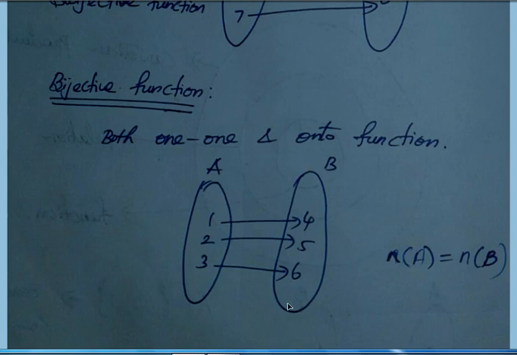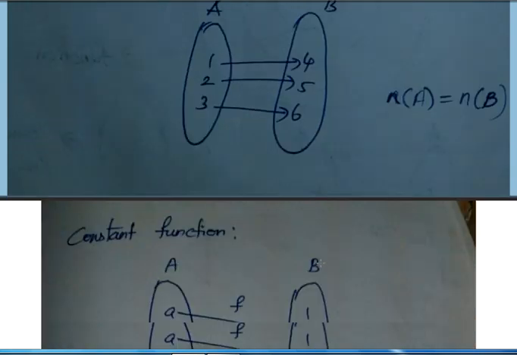Nothing is balanced here, therefore it is onto. Therefore it satisfies both conditions, one-to-one and onto, and is otherwise called bijective function. The condition for bijective function is n of A must be equal to n of B. Then only we say it is a bijective function.